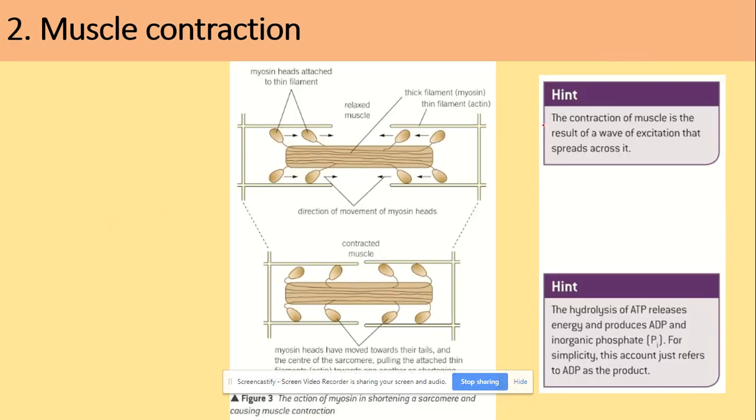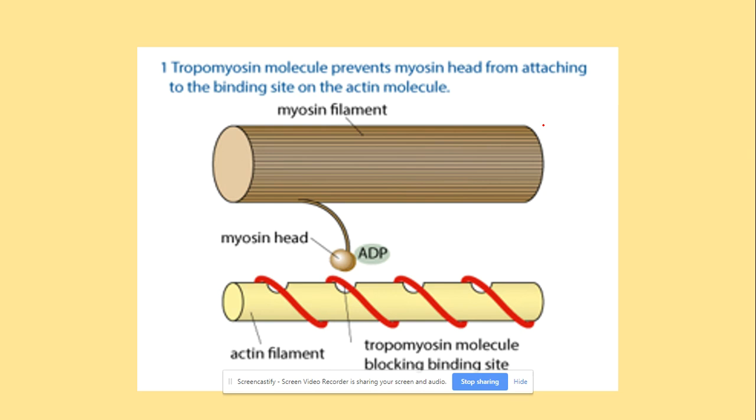What happens next is the actual process of muscle contraction. How does that happen? This is our myosin filament with the myosin head. ADP is attached to the myosin head. We've got the actin filament, the thinner filament, and around the actin filament we've got tropomyosin blocking the binding site.